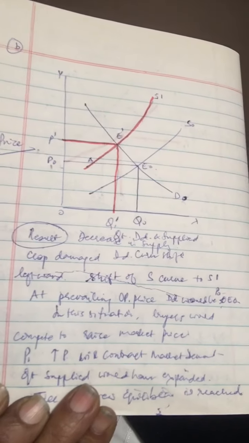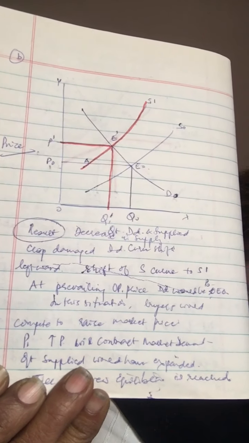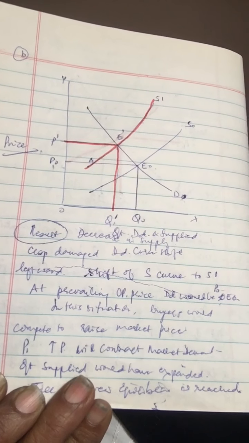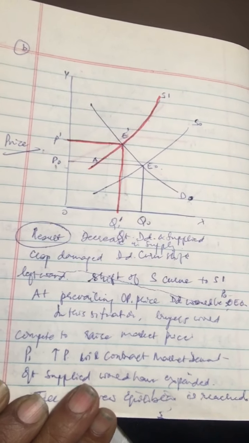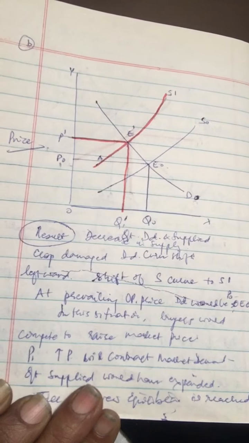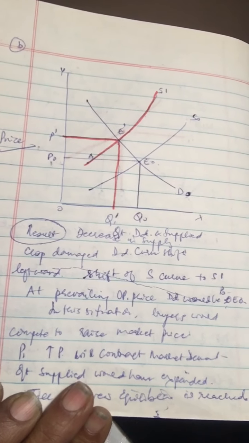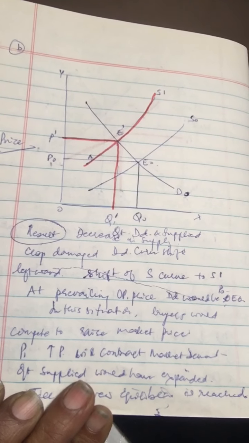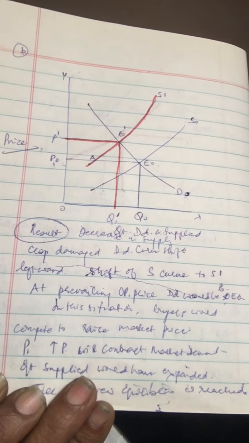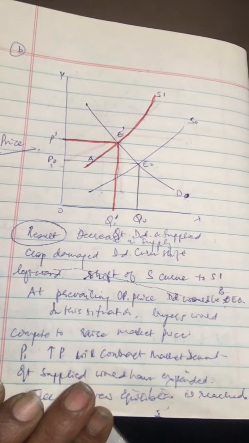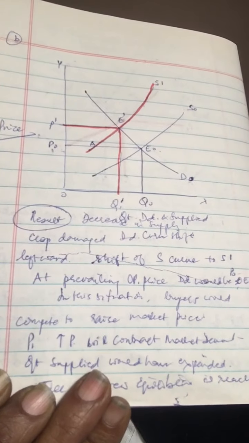You can take a screenshot and then go through what I just said. So anyways, simply it shows that the new equilibrium price will be over the original equilibrium price, OP0, and the quantity also would have decreased.